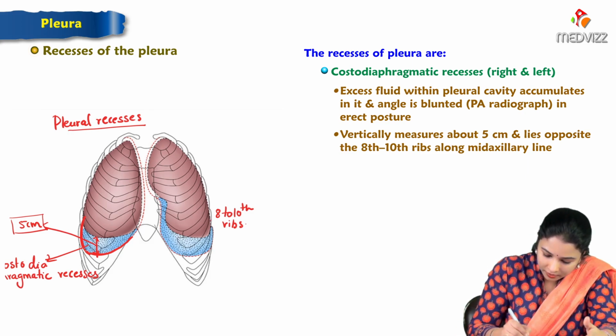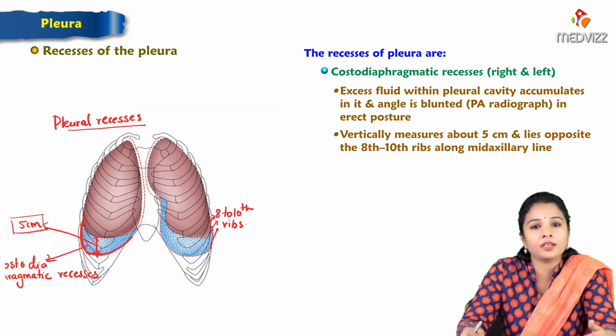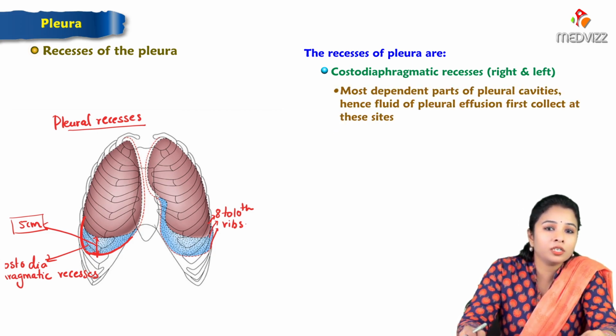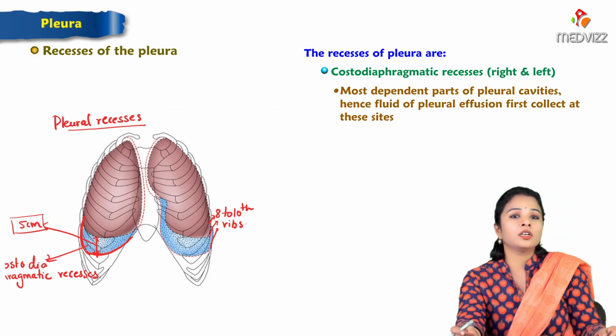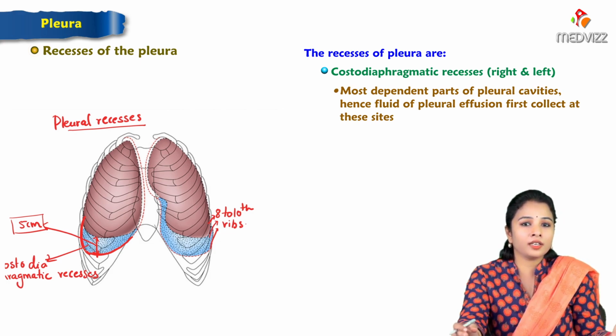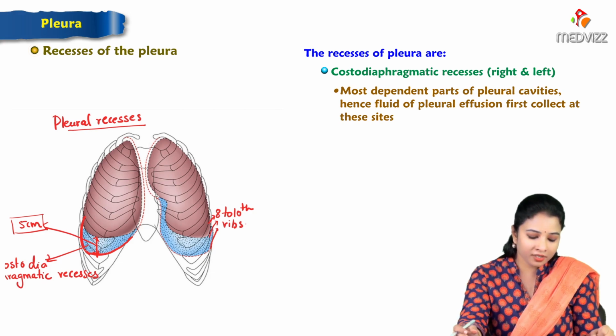So here it is: this is the 8th, 9th and 10th, three ribs along the mid-axillary line. The costodiaphragmatic recesses are the most dependent parts of the pleural cavity. Hence, in any pleural effusion, the first site of collection of the fluid is the costodiaphragmatic recess.